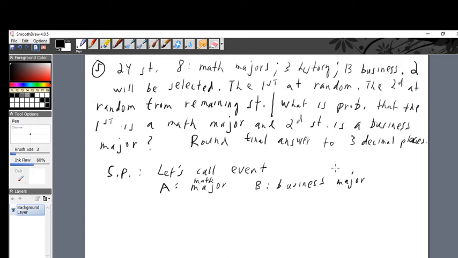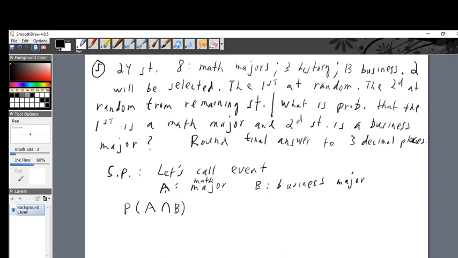Okay. Now, here it is. We know as follows. If you select a math major, that is not going to impact at all whether you select a business major, right? So that will have nothing to do with it. So the probability of A and B, let me put this in writing.